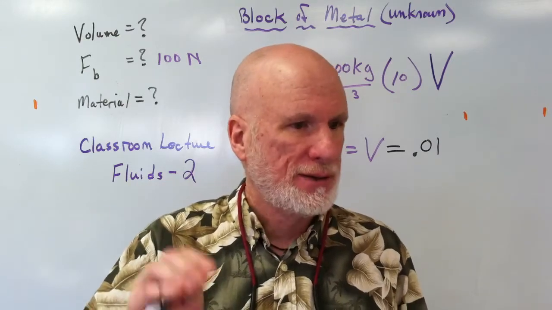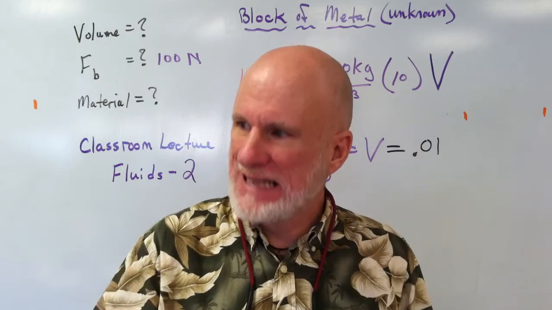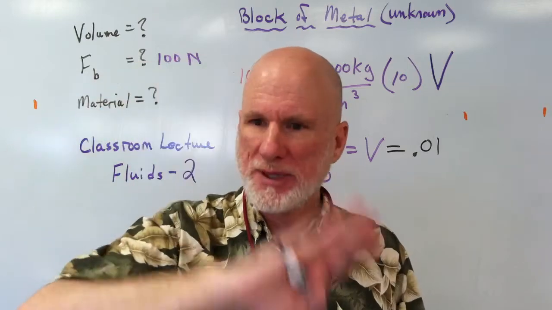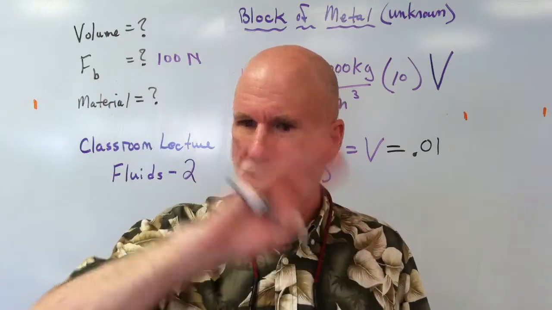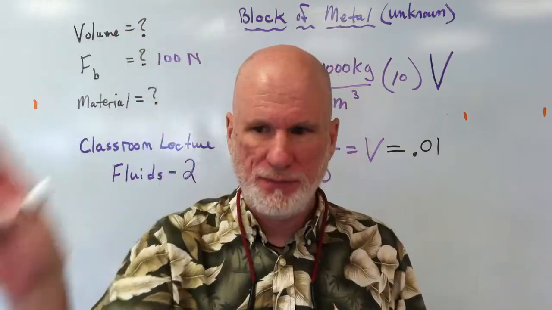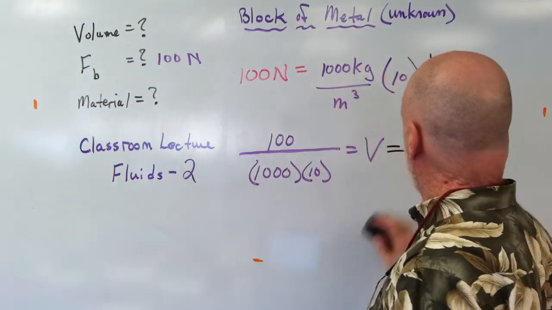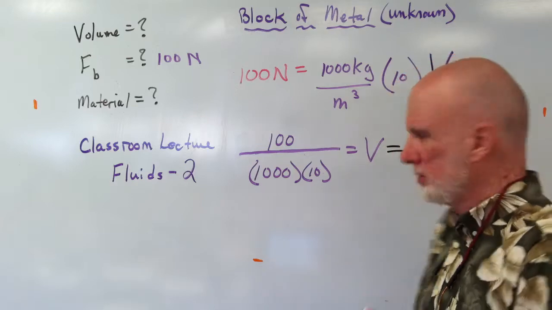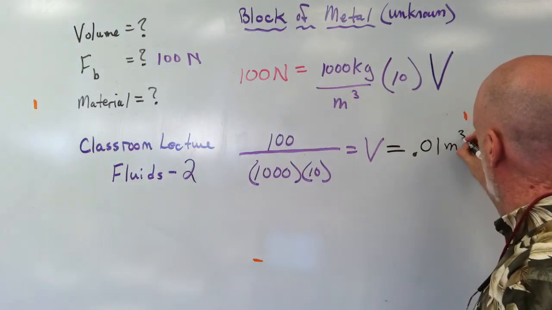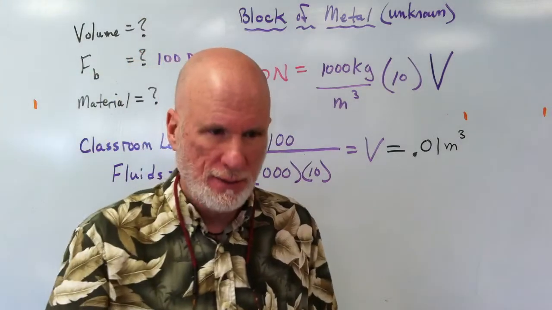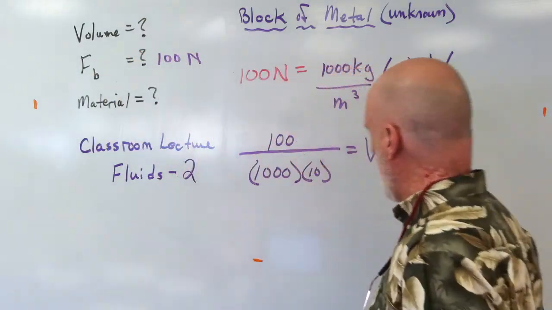The metric definition of density is kilograms per cubic meter, not cubic centimeter. Understood? You got it? So it's cubic meter. So far, so good? We're almost there.